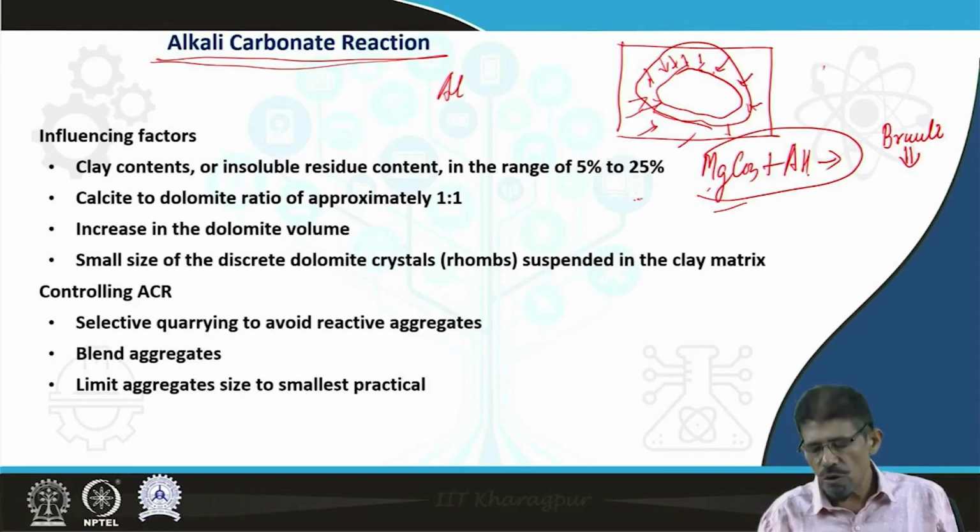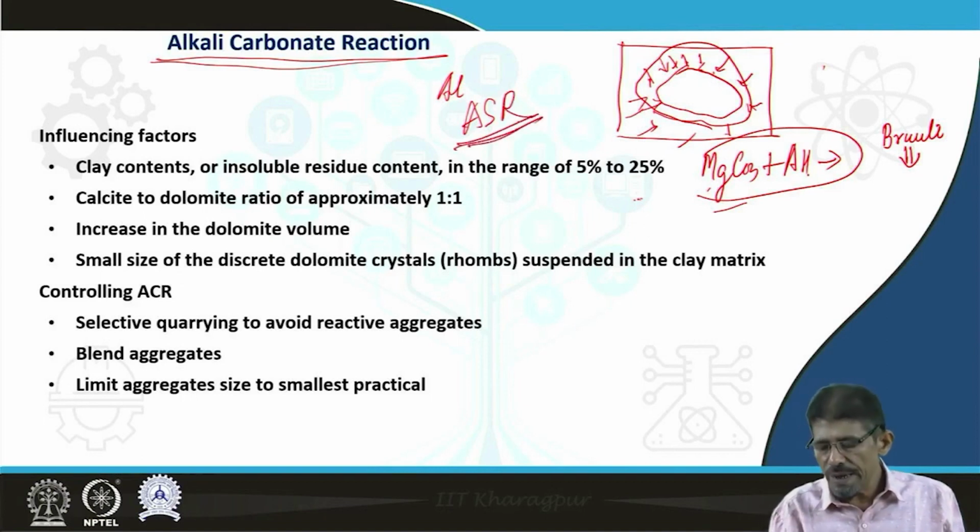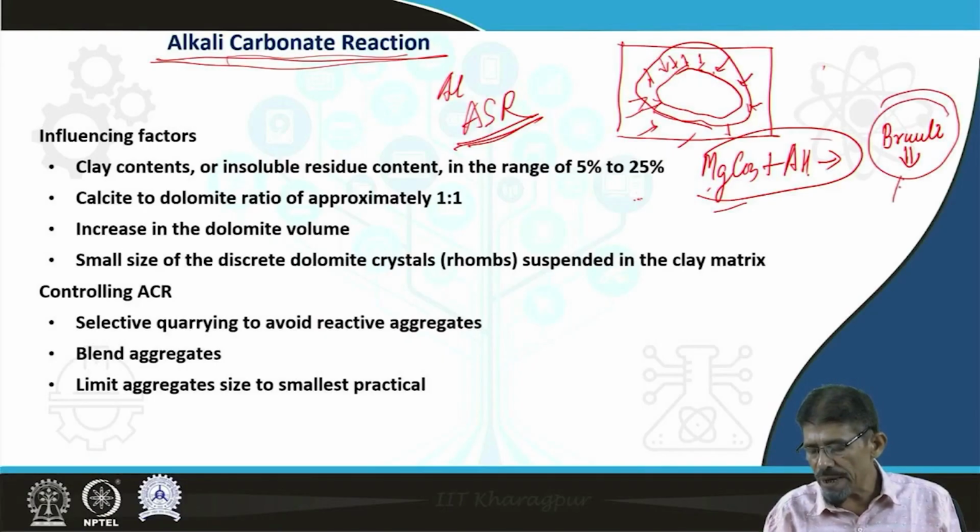So in case of alkali silica reaction, silanol has a tendency of expansion. In case of the alkali carbonate reaction, the formation of brucite has a tendency of expansion. Due to expansion, there is again development of stress induced fracture.